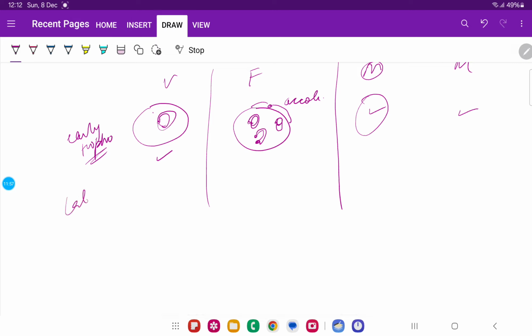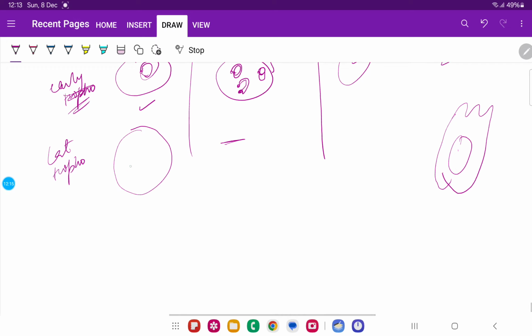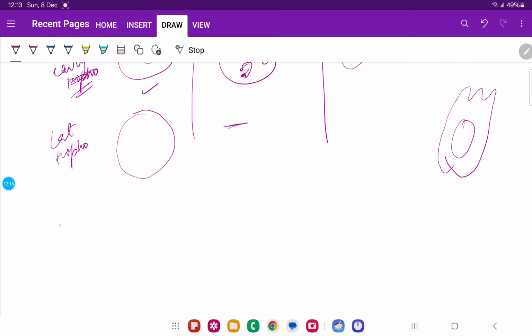Now late trophozoite. Here we see this. Here we cannot see it. Here there is a fimbriated RBC, and then the gametocyte.